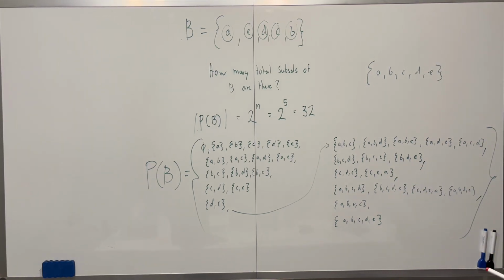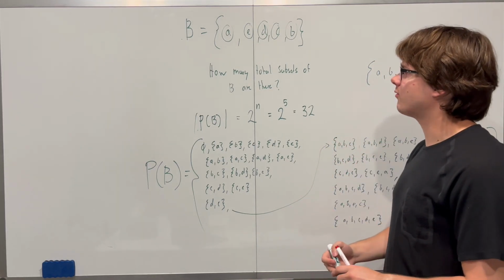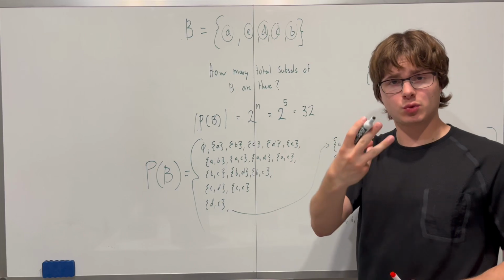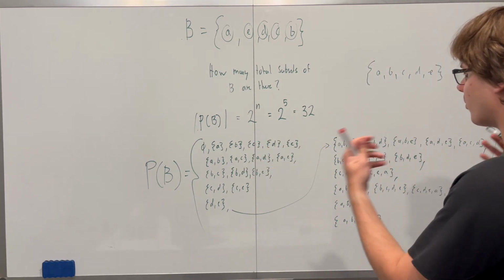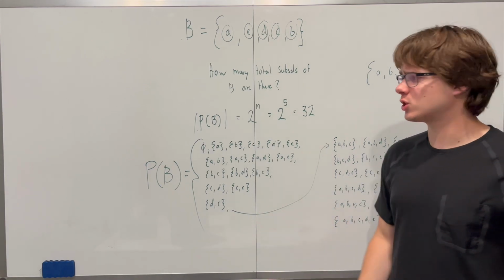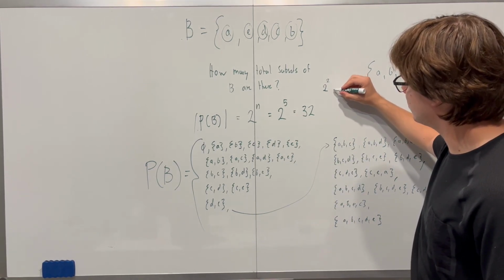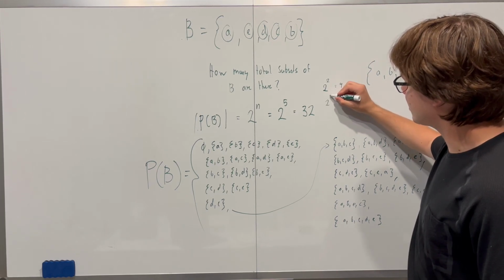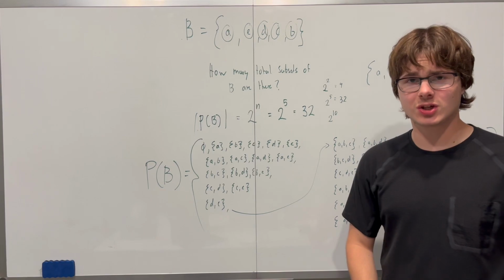Fantastic. So as you can see, just increasing your set by 2, because before we had a set A with 3 elements, well now we have 5, it's just an extra 2 elements. Look at how much more work, and this work gets exponentially bigger because of this, right? 2 to the power of 2 is 4, 2 to the power of 5 is 32. Imagine what 2 to the power of 10 is going to be.